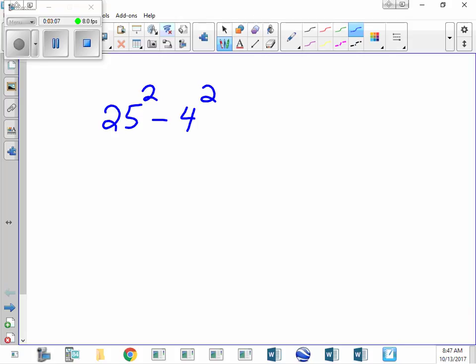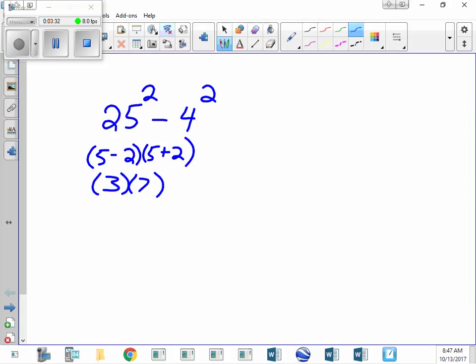Is this a difference of perfect squares? Yes. So it would be 5 minus 2 times 5 plus 2. Right? Well, what is 5 minus 2? 3. And what is 5 plus 2? 7.